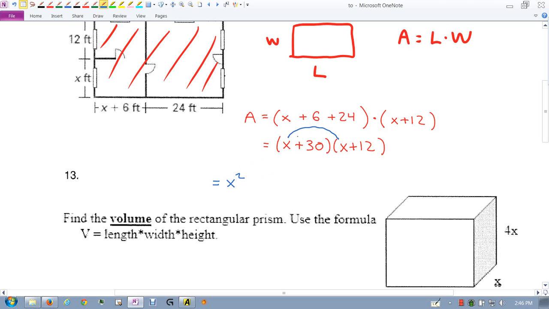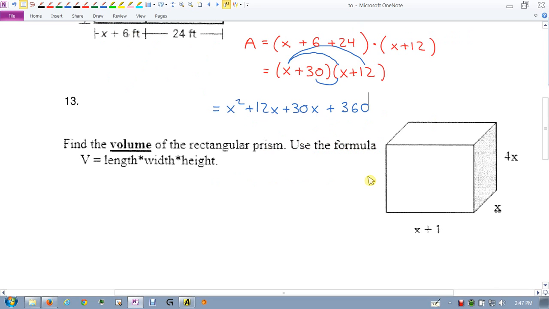X squared, then 12x, then what? 30x, and finally 360, times 12. 360. And we do want to put those middle terms together, right? 12x and 30x, which is 42x plus 360.